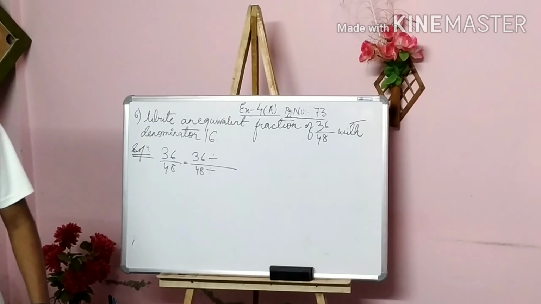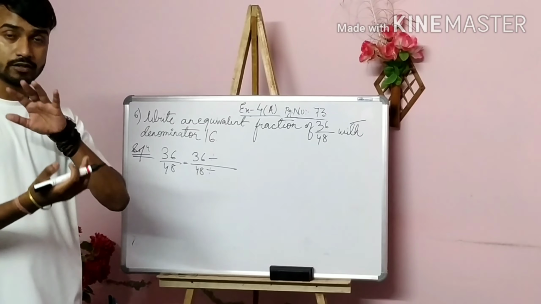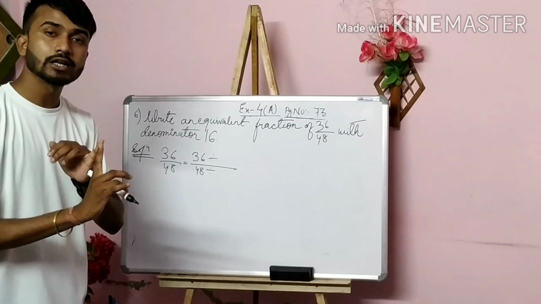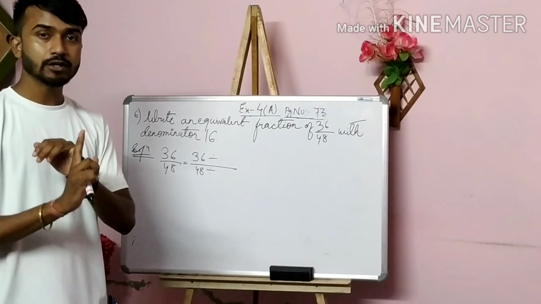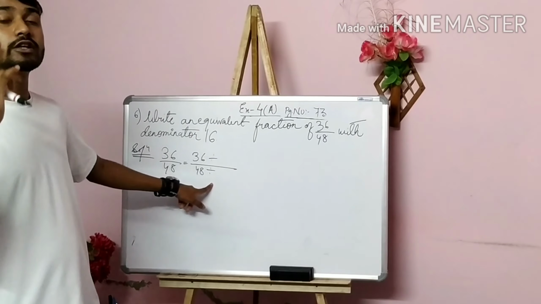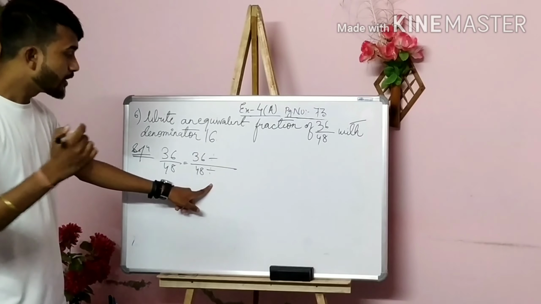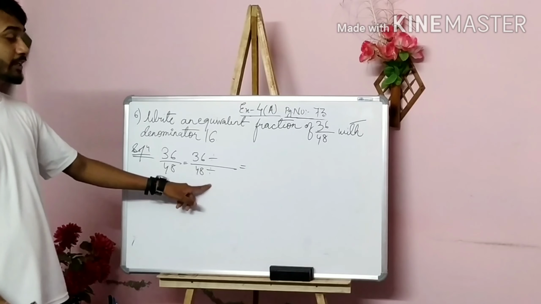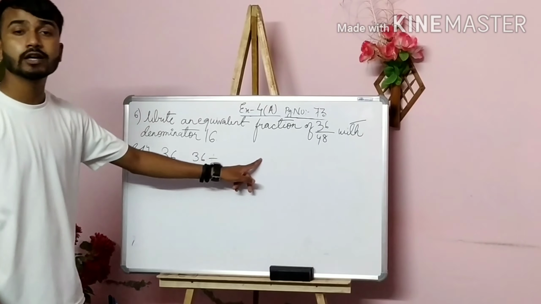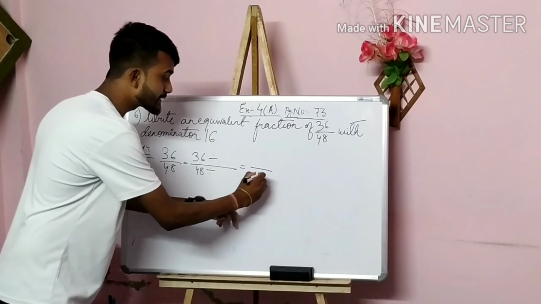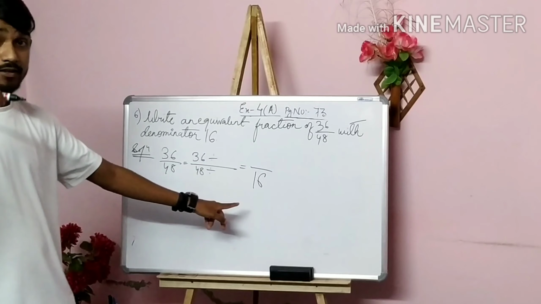So 36 and 48 here, I have written a division sign. A big question you can ask me is: sir, for getting an equivalent fraction I can use a multiplication sign also, so why are you using a division sign here? This is very important. Because in the question one condition is there, that whatever equivalent fraction we find, its denominator should be 16.